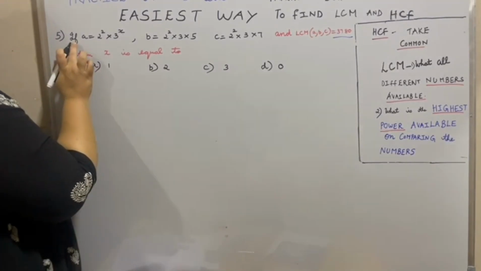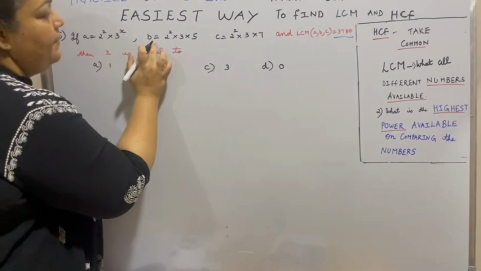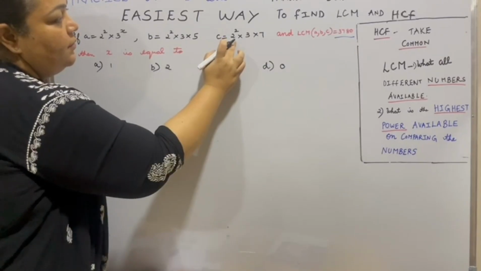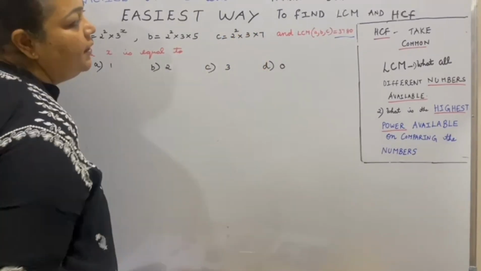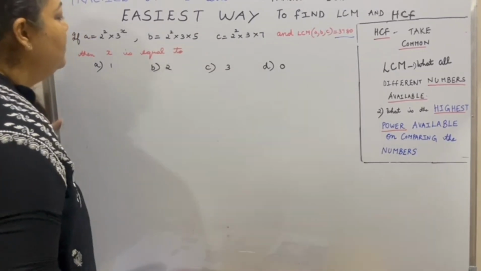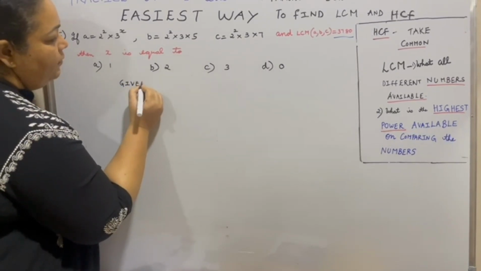Now the next question is, if A is equal to 2 squared into 3 to the power of x, B is equal to 2 squared into 3 into 5, C is equal to 2 squared into 3 into 7, and LCM of A, B and C is equal to 3780. So let us write what is given. First write what all is given.